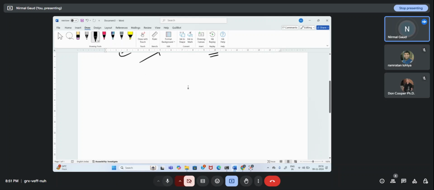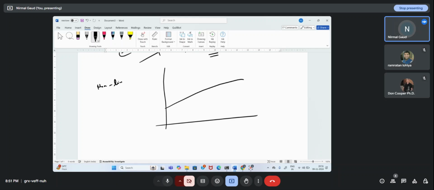When you are having 2D, then they told we can make a regression line. But when you are having high dimensional, more than 2D, they are saying that non-linear, we can't represent data on a linear scale.